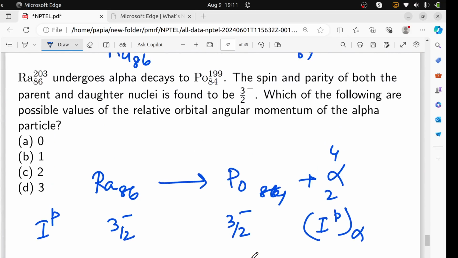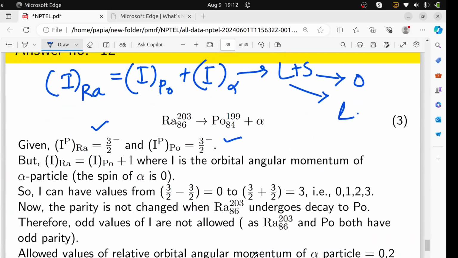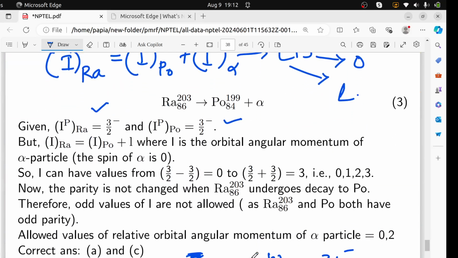Now see the options here. Which of the following are possible values of the relative orbital angular momentum of the alpha particle? Orbital angular momentum of the alpha particle can be 0 and 2. So A and C are the correct ones. As written in the solution, L is the orbital angular momentum of the alpha particle, the spin of alpha is 0, so L can have values 0, 1, 2, 3.